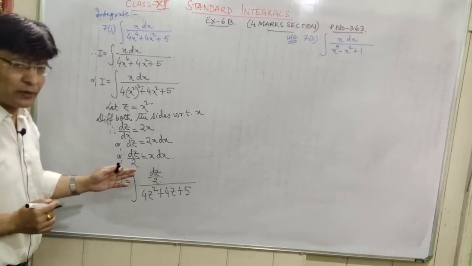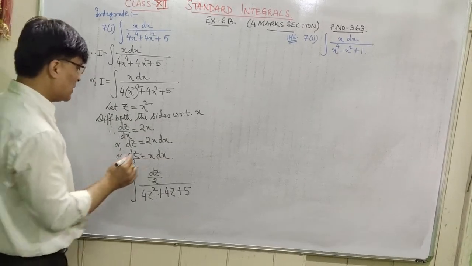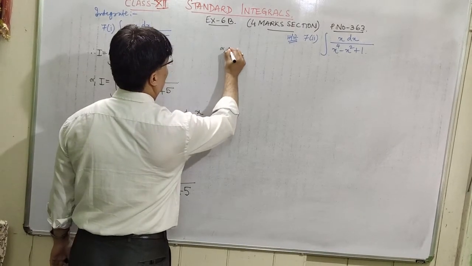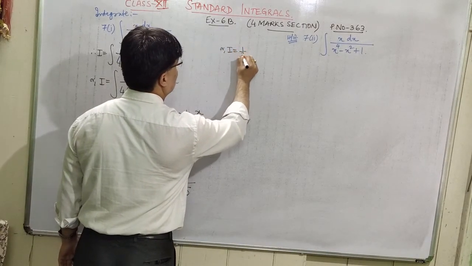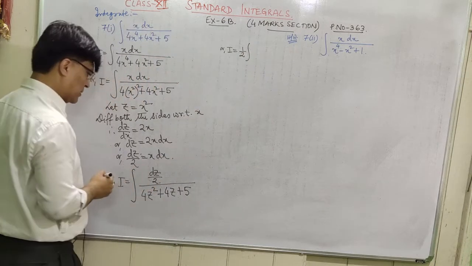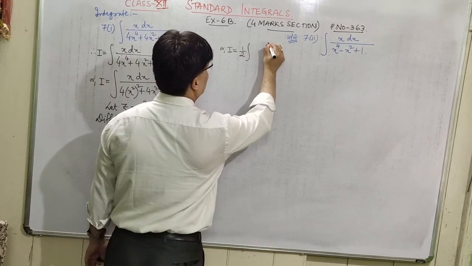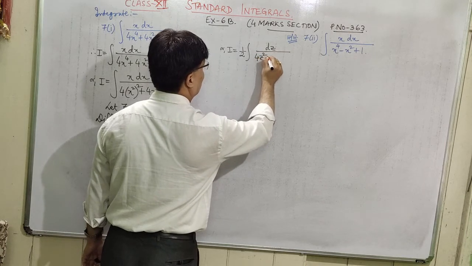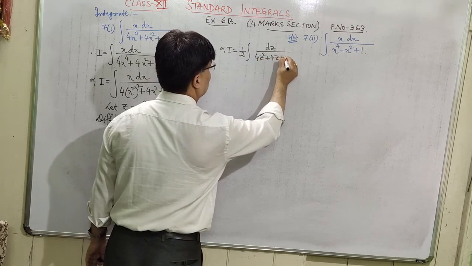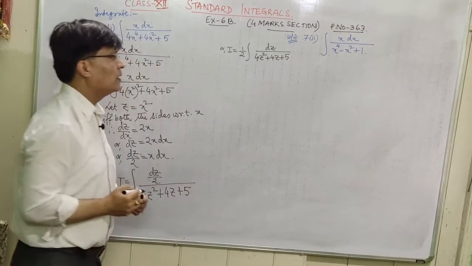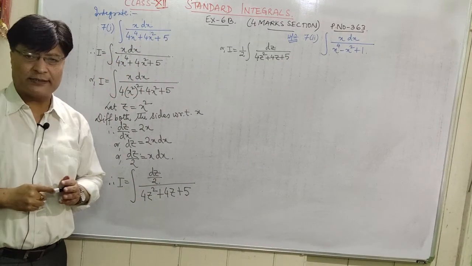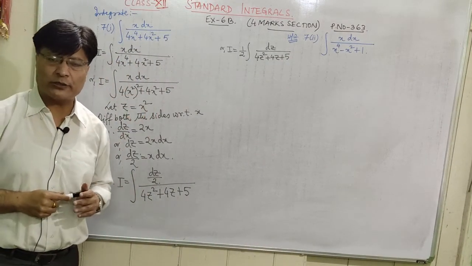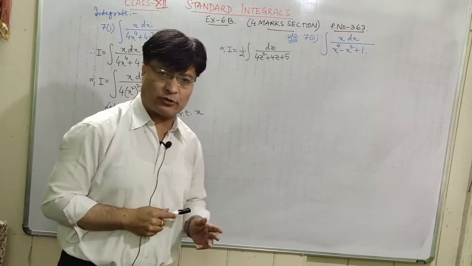So now which is the constant here that you can take outside? So I is equal to half is constant taken outside, integral sine dz divided by 4z square plus 4z plus 5. Can it be factorized? This is quadratic expression, but it cannot be factorized.